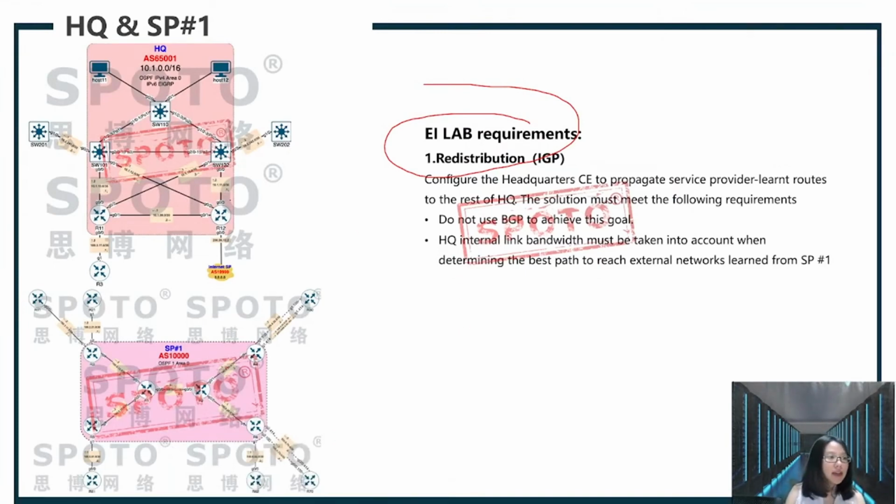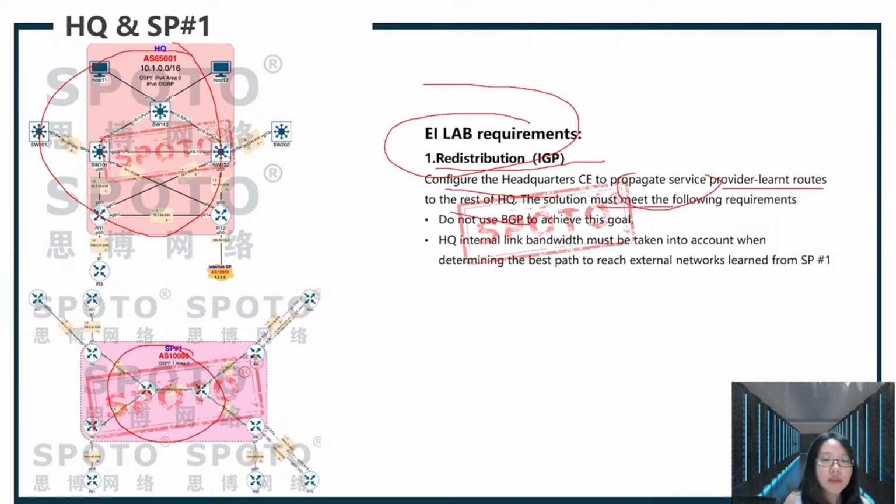This topology is HQ, and this is service provider 1. Let's see the requirement first. It's mainly about redistribution. We need to configure the HQ CE to propagate service provider 1 routes to the rest of HQ.